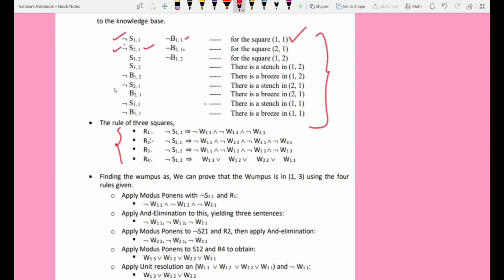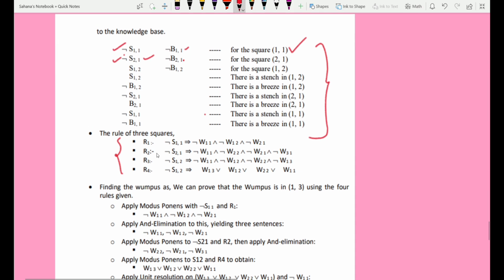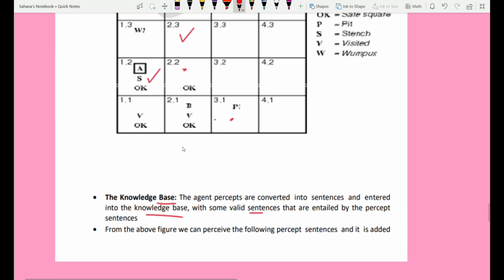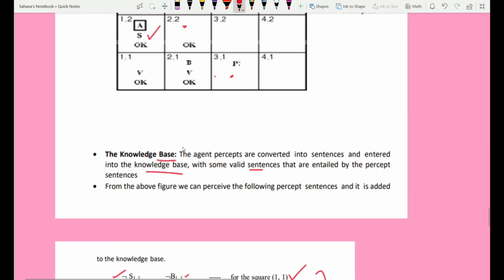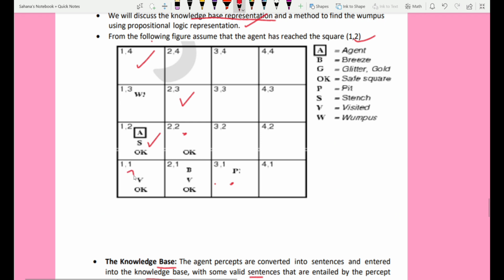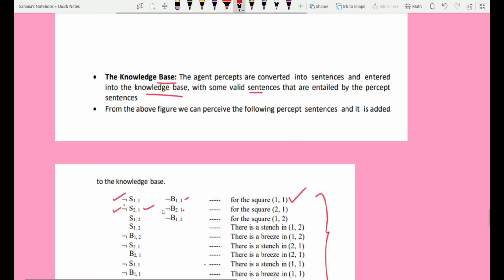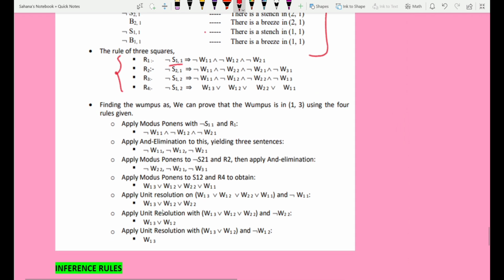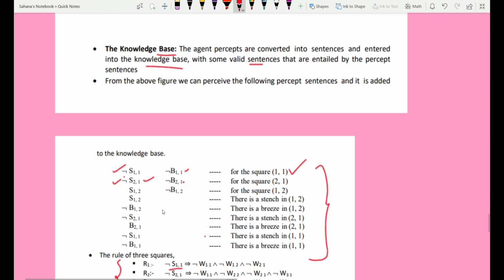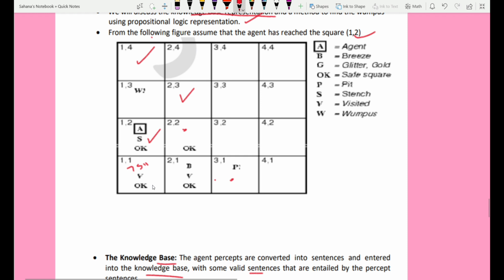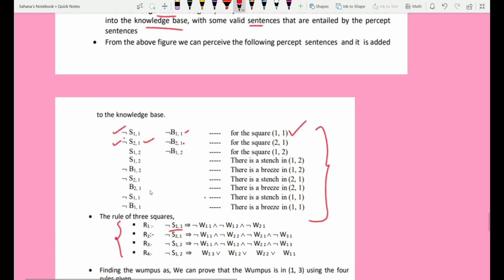See, we will look at negation of S11. If there is no stench in 1,1, then the Wumpus won't be there in 1,1, 1,2, and 2,1.